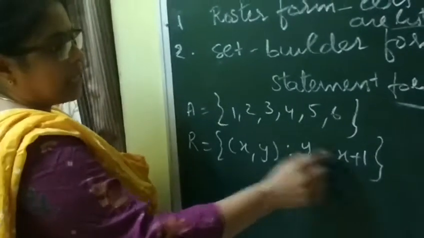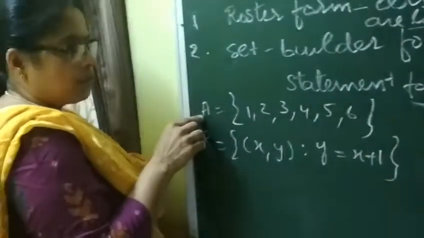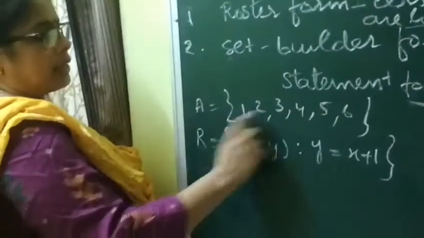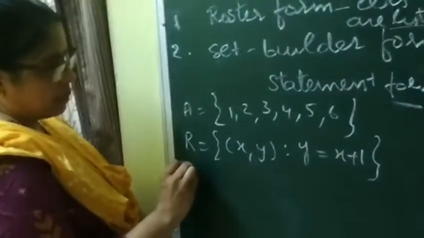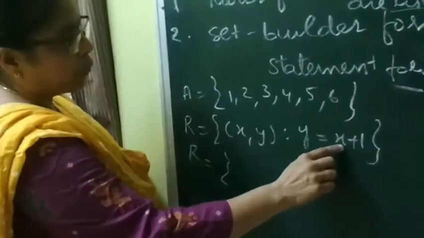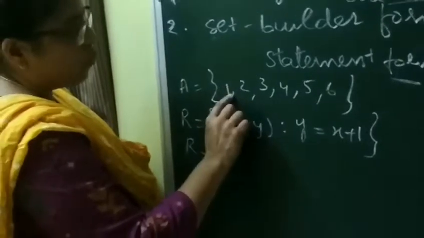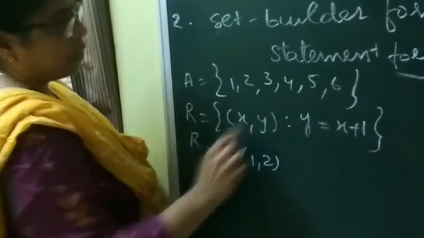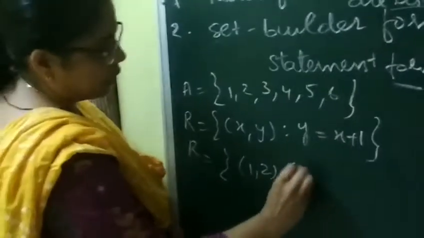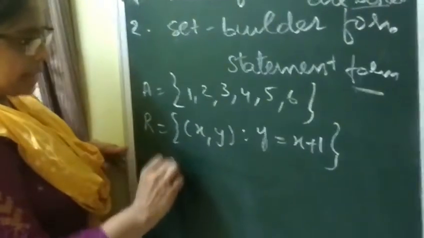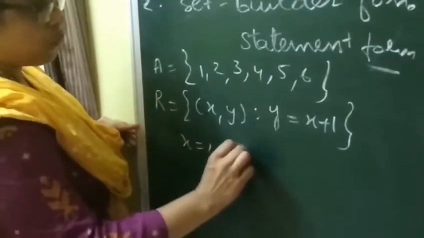The x and y can take values from where? From set A. x can take values from 1 to 6 and similarly y can take values from 1 to 6. See carefully: if you put x equal to 1, you will get y equal to 2, 1 plus 1 is 2. Again, 2 plus 1.